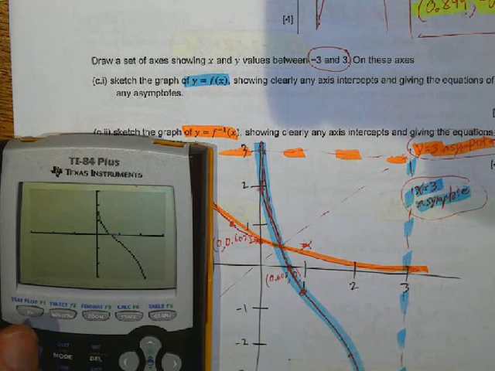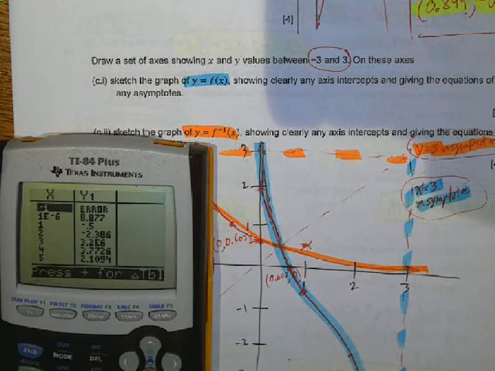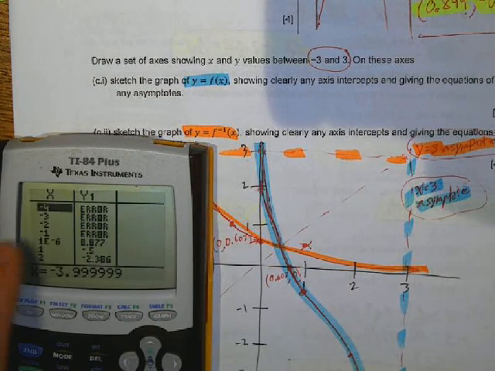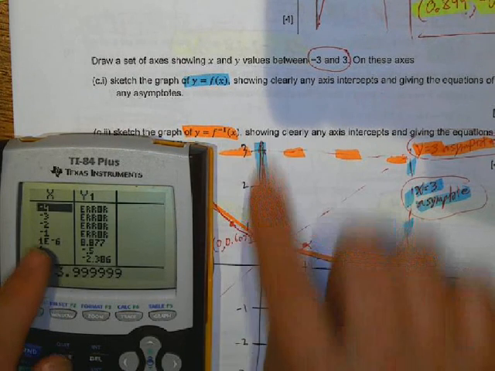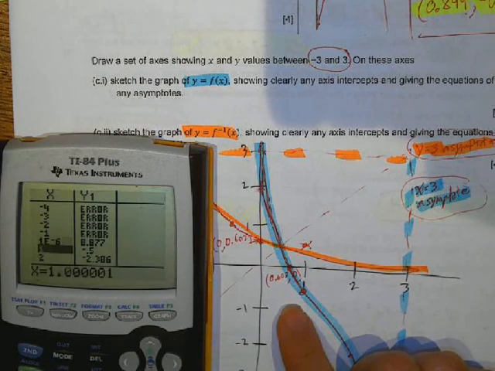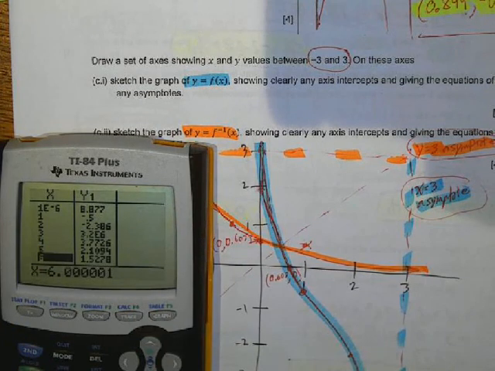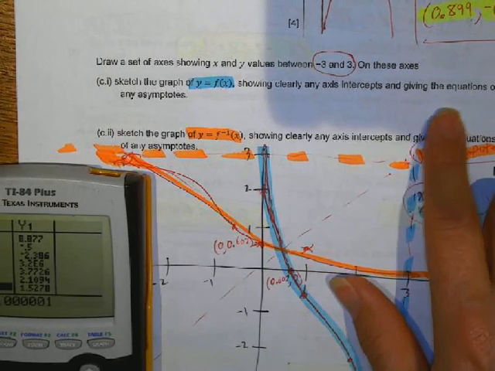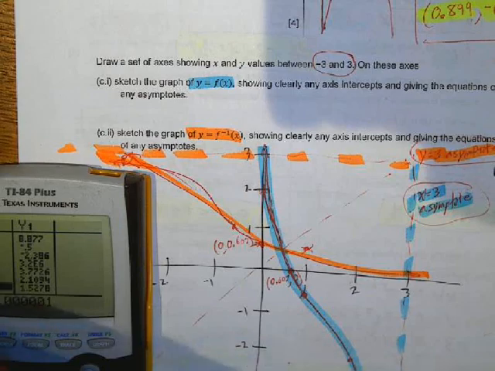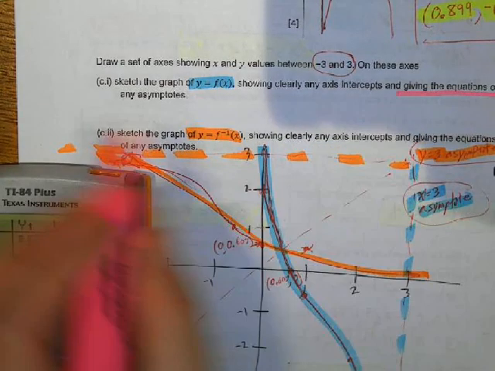If I do second graph, I can see there's nothing to the left of the y-axis, and I go this way, and it goes down. Notice it says give the equations of any asymptotes.